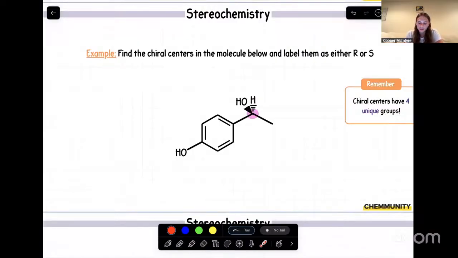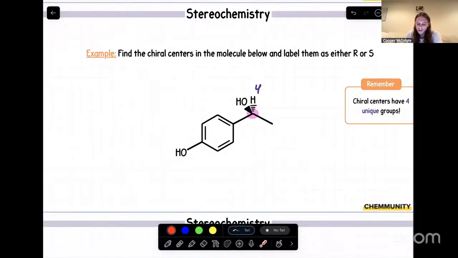Now, the next thing we need to do is go through and assign priority. And then after we assign the priority, we can figure out if it's R or S based on the direction we're counting in. So like we just said, whenever we have hydrogens on our chiral centers, those will be the lowest priority. So we'll give that a priority of 4.